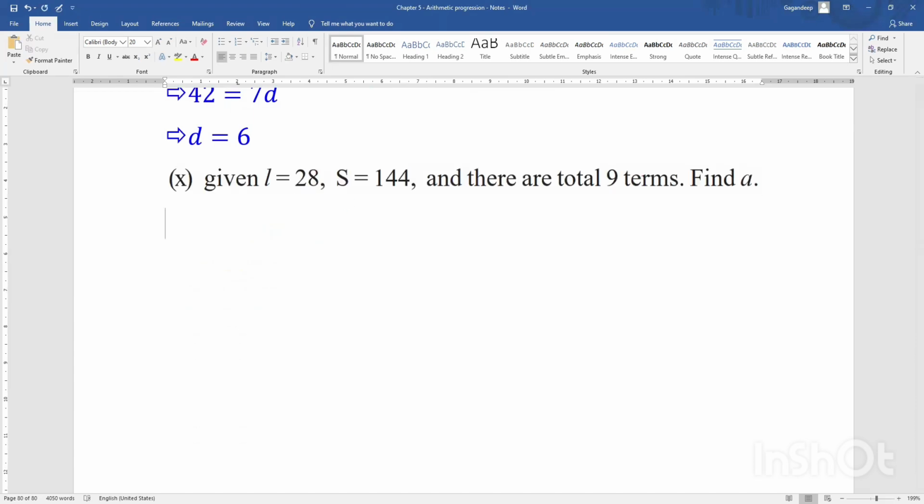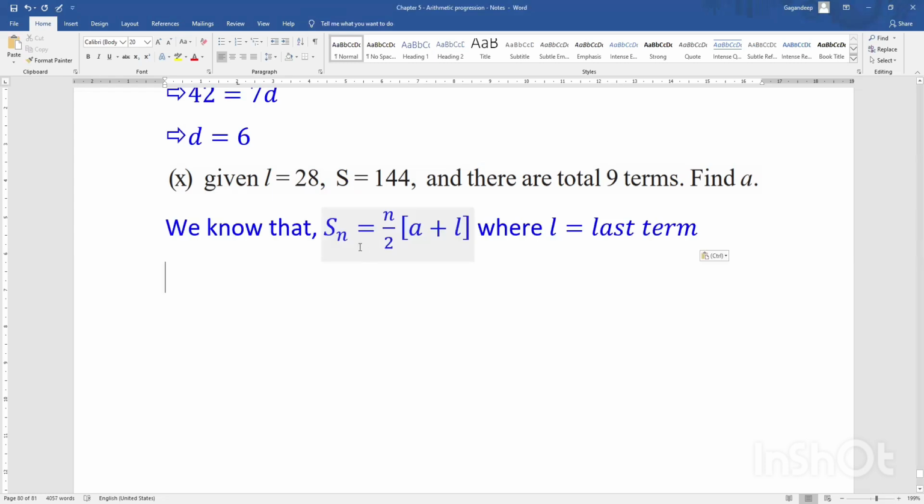Given l is equal to 28, Sn is equal to 144, and there are total 9 terms. Find a. So there are total 9 terms means n equals 9. Now we have the formula. Sn is equal to n by 2 into a plus l, where l is the last term. Now why take l? Here they clearly mentioned l equals 28.